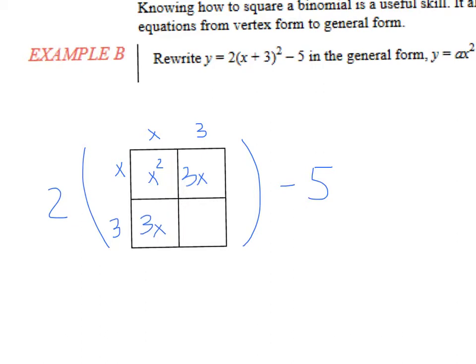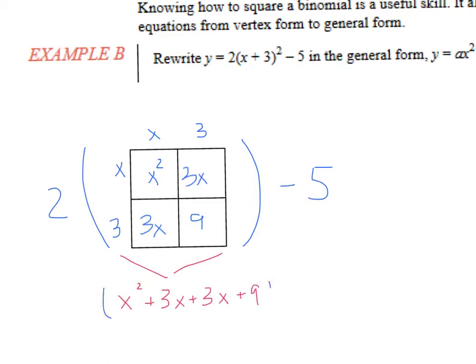And lastly, 3 times 3 gives us 9. Now, we are going to take all of our inside pieces and add those together. So that gets us to x squared plus 3x plus 3x plus 9.